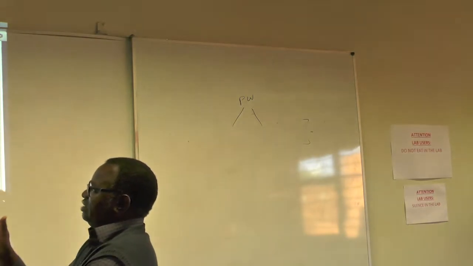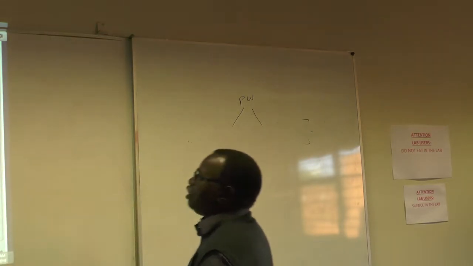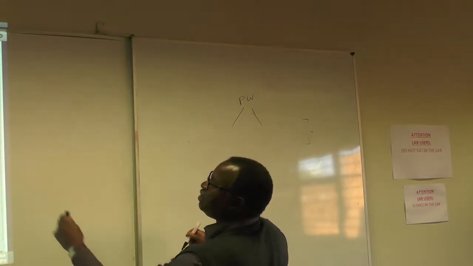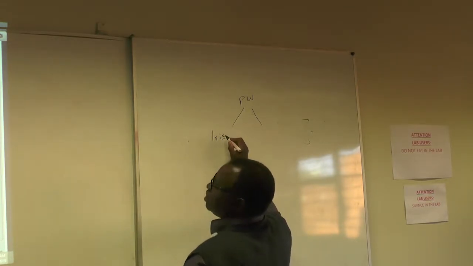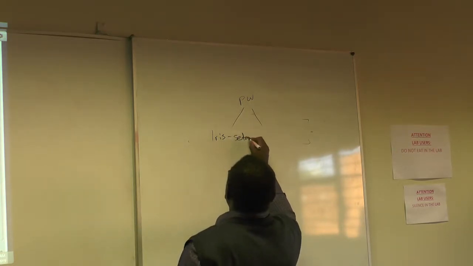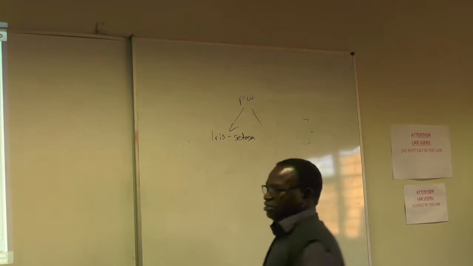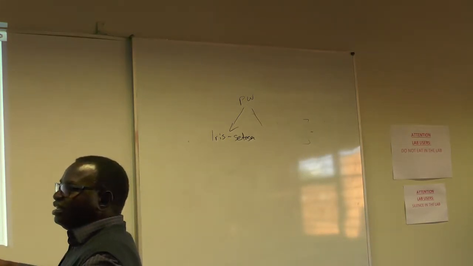Petal width is less than or equal to 0.6. The conclusion is Iris setosa. That's the conclusion. That's it.